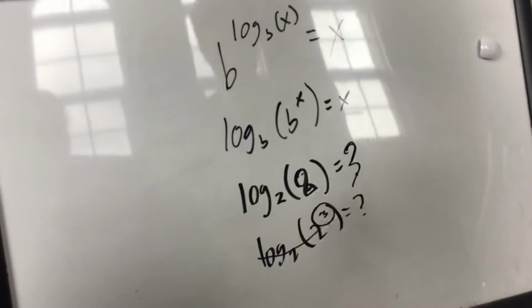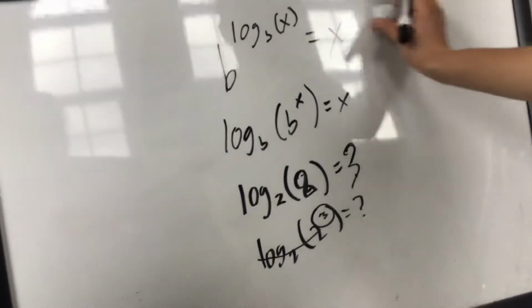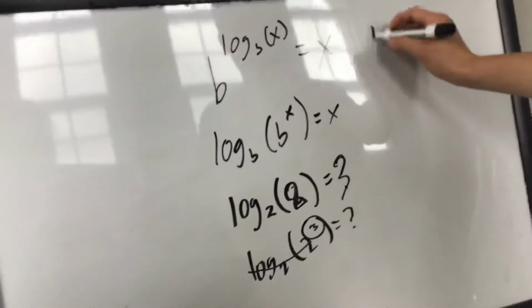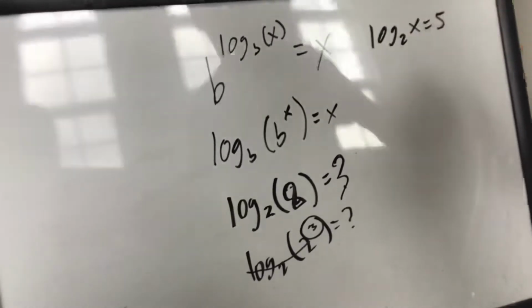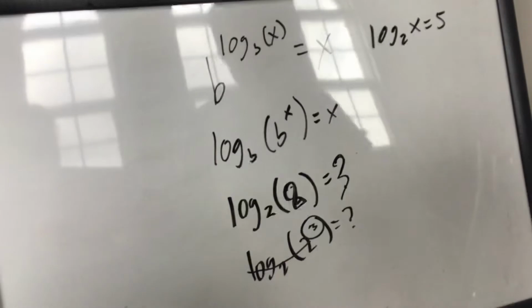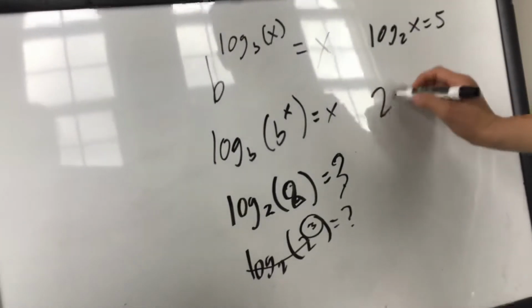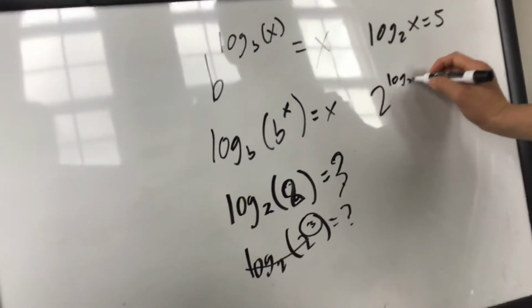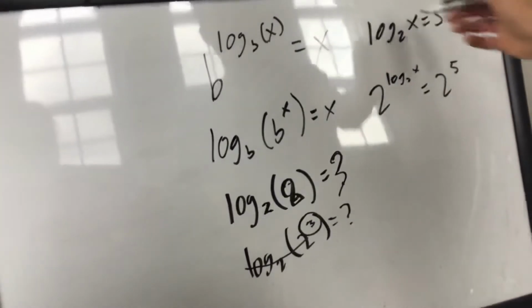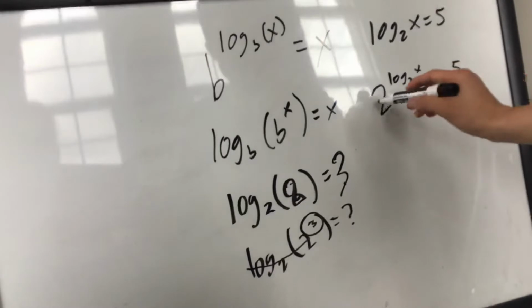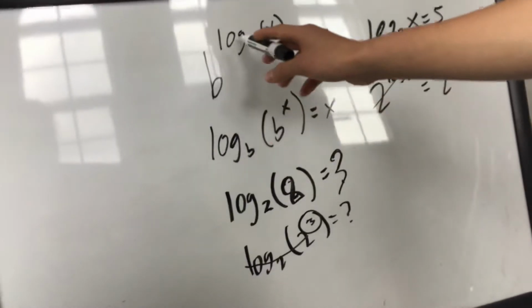Now you can see many applications of this property in normal problems, such as this: log 2 of x equals 5. This might seem weird at first, but you can put a 2 to the power of both sides. This is a rule that you're allowed to do. So you put 2 to the power of everything in these equations. But then you realize that these two cancel out by this property right here.